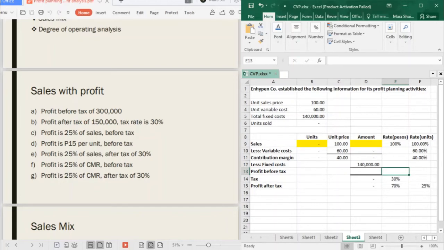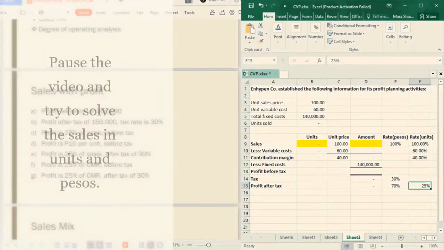Once you have the NPR, getting your sales is very easy. So, try to analyze how you can arrive at the net profit rate, given that your profit after tax is 25% of your contribution margin. I'll give you a minute.